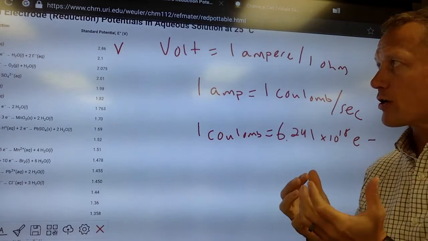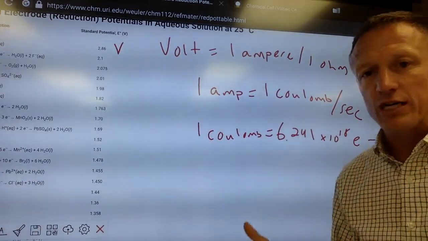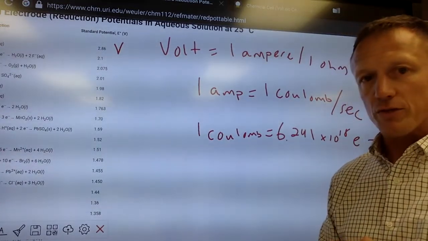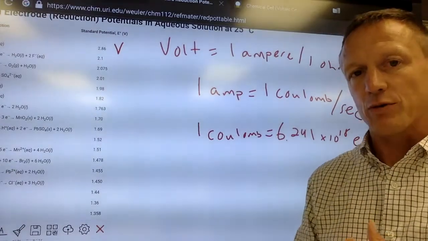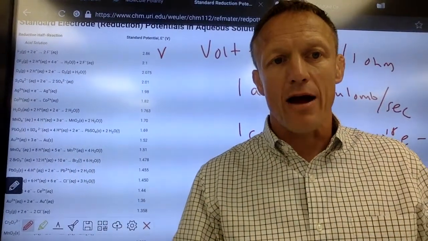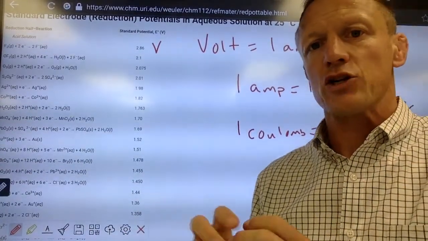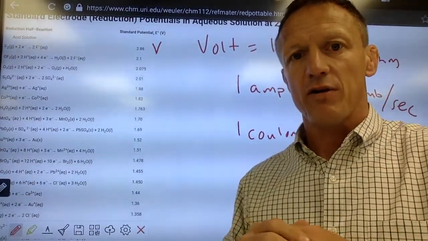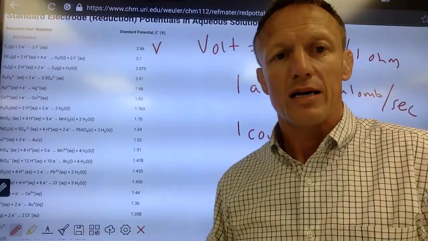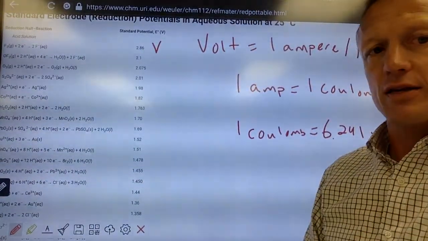So more electrons, more voltage, or a better ability to transfer electrons, more voltage, and a better battery. Eventually we're going to be talking about making batteries. Batteries are made from chemicals that can transfer electrons. So again, these are redox reactions that are happening inside these things.